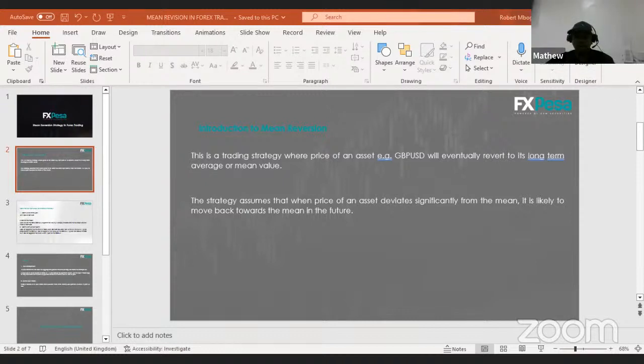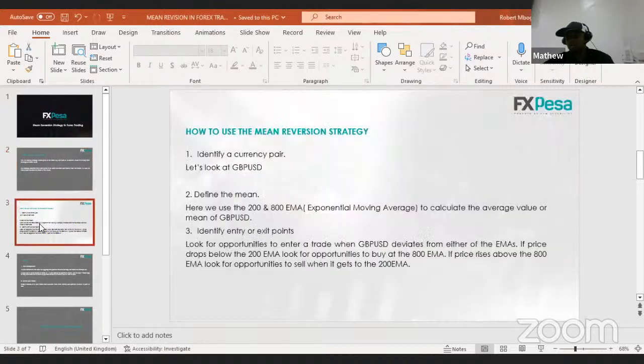Awesome. Now, in this particular session, we'll be looking at ways of identifying those means. So let's look at a strategy. What are the steps you need to do? One, you need to identify the currency pair. Whether you're doing currencies, stocks, cryptocurrencies or indices, whatever asset class you want to trade, you must first identify that particular asset.